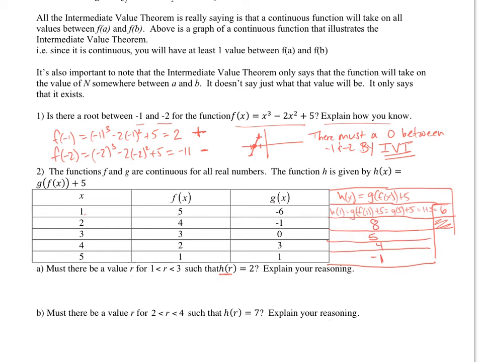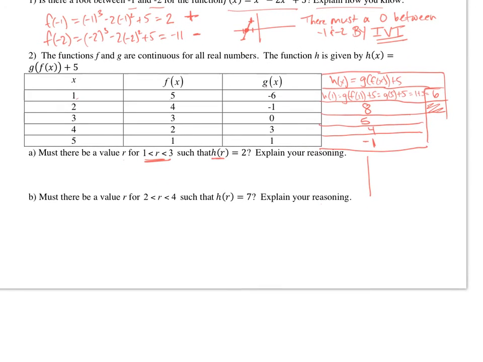Must there be a value r where r is between 1 and 3, such that h of r equals 2? And explain my reasoning. Well, if I sketch a quick graph of what is happening here, when x is 1, h of x is 6.